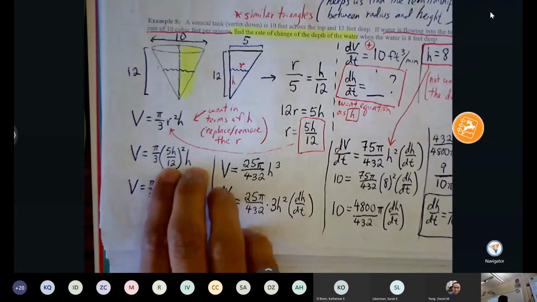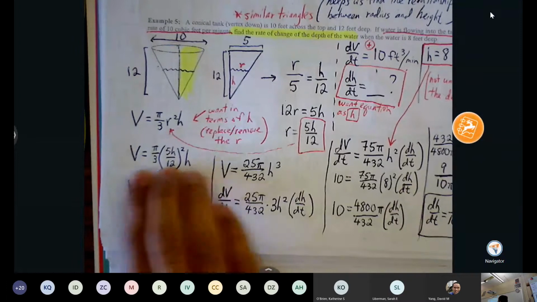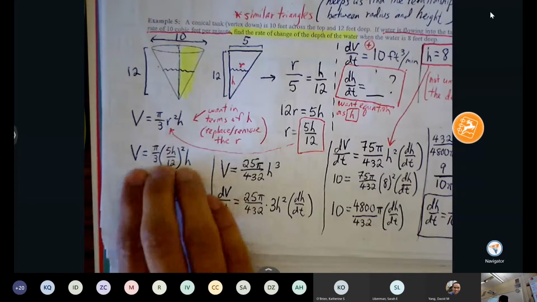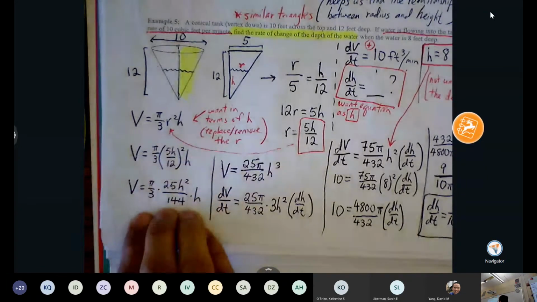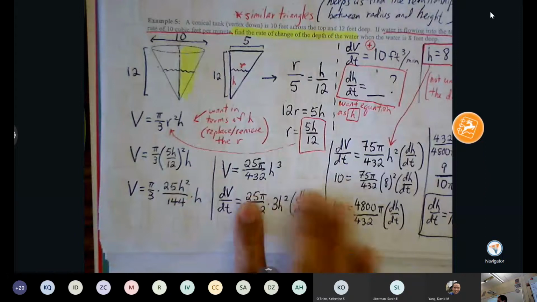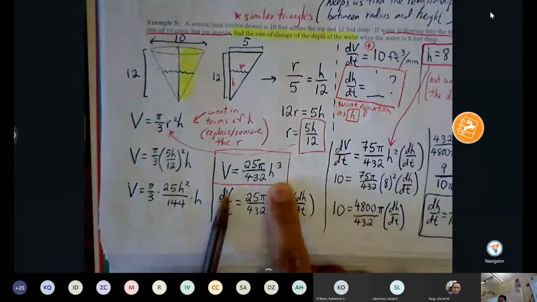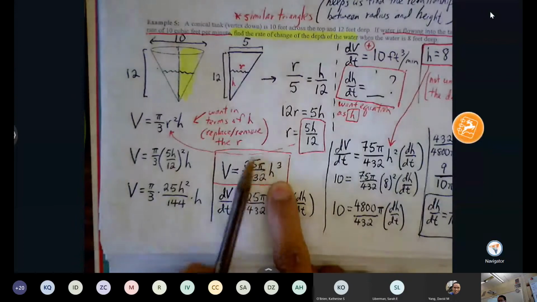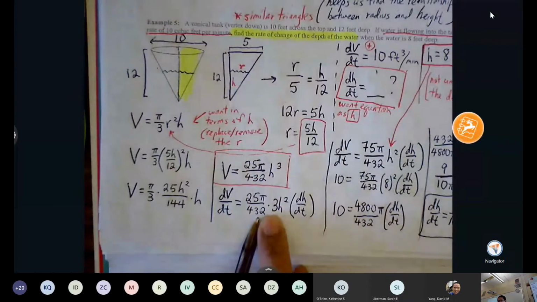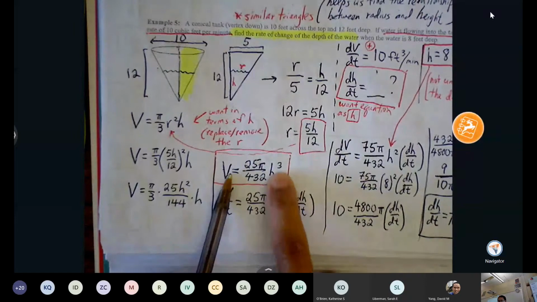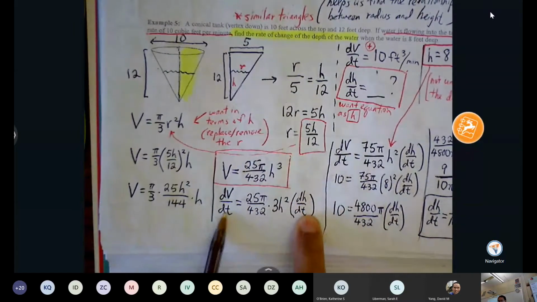You could go through product and chain, but why not just continue cleaning up so that you have a nice and easy power rule to use? So we expand, combine the coefficients, push the variables together, and now this is an easy power rule problem to do. This looks messy, but that's just a number that's going to hang out in front. h cubed becomes 3h squared. Both the v and h will produce their own d over dt.